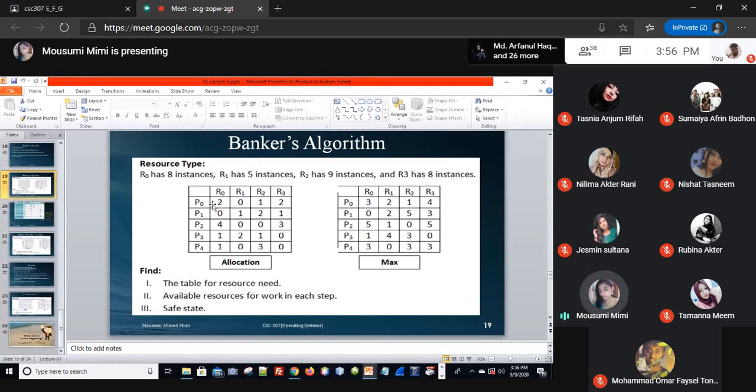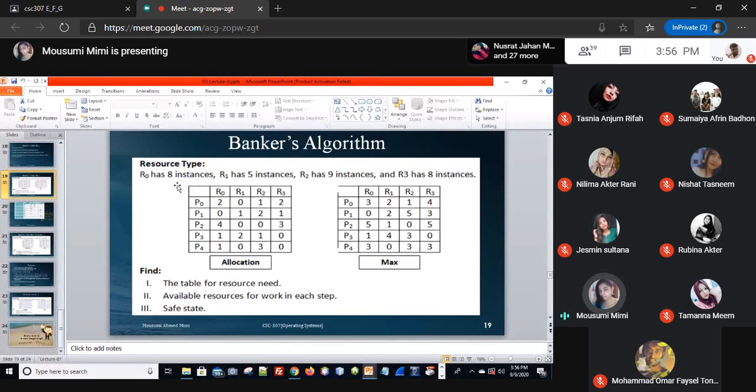So first I go for my process 0, and it takes 1 element from resource 0, 1 element from resource 2, 1 element from resource 3. That's it. And the flag value will definitely be true, because it needs 2 elements from resource 0, but the total elements of resource 0 is 8, and 8 is greater than 2.